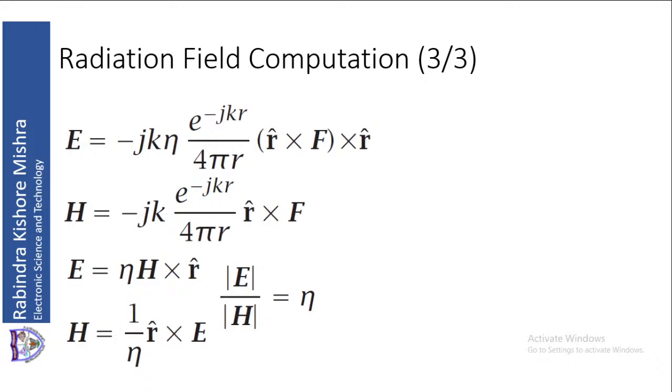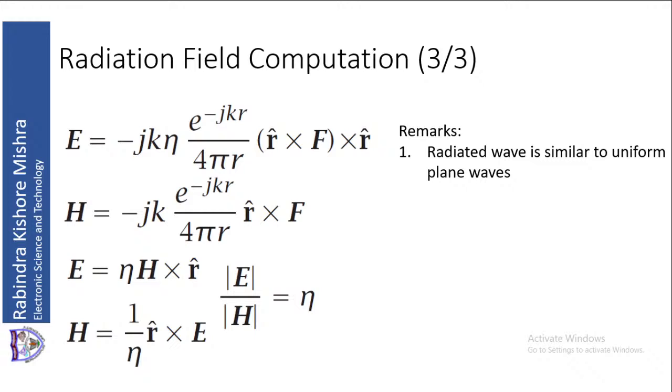So accordingly, we can find out the amplitude of E by the amplitude of H is equal to eta, or the magnitude of E by the magnitude of H is equal to eta. Eta is called the intrinsic impedance of the free space. So now once we do this, then we have to observe something.